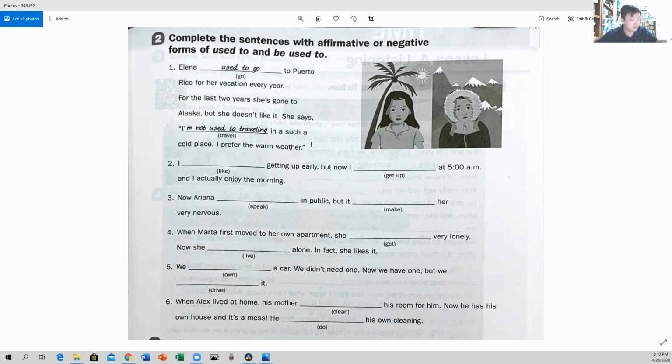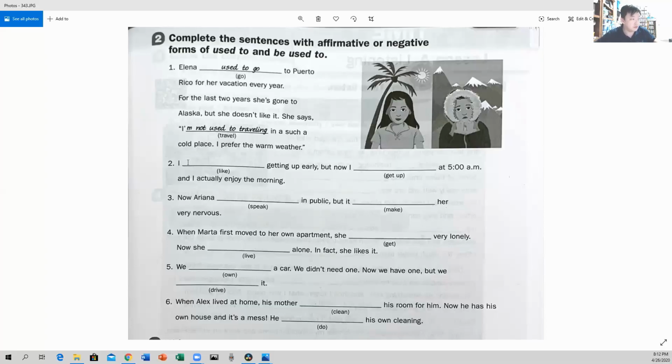So now is the time for you to pause the video if you'd like. You can pause the video and try to do it on your own. If not, just do it along with me or follow or do the correction later, okay? But now let's go here and do it together.